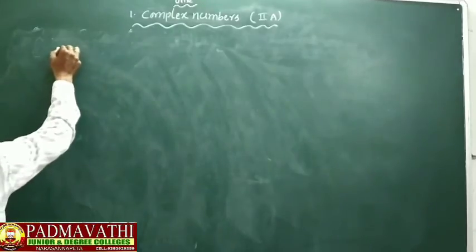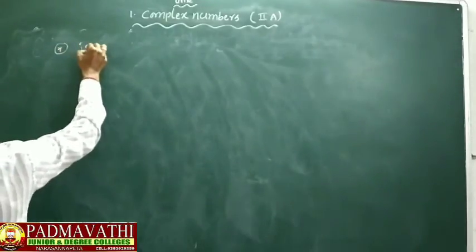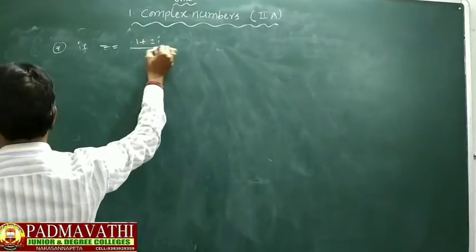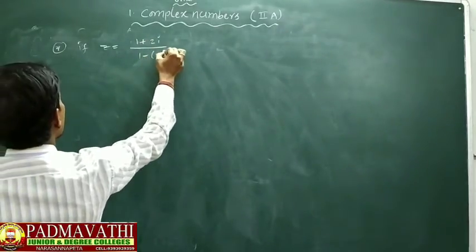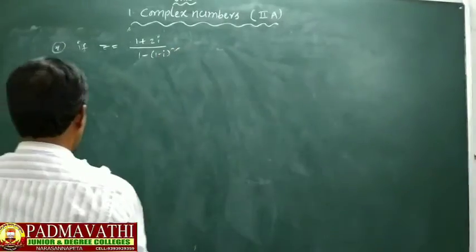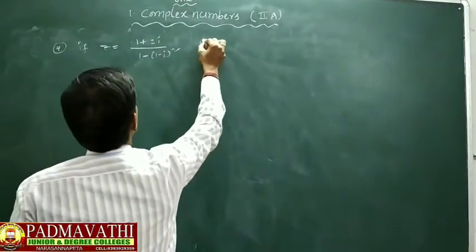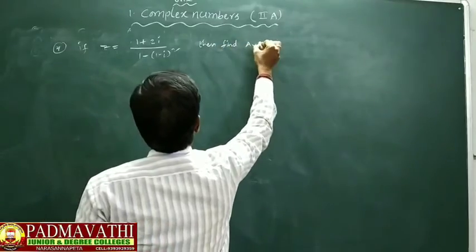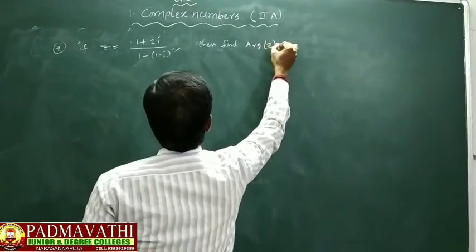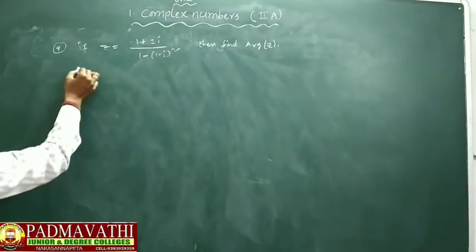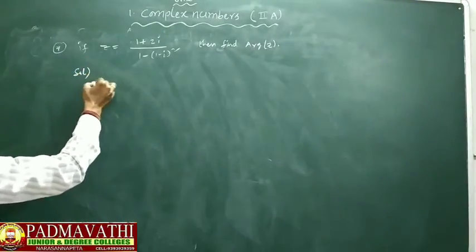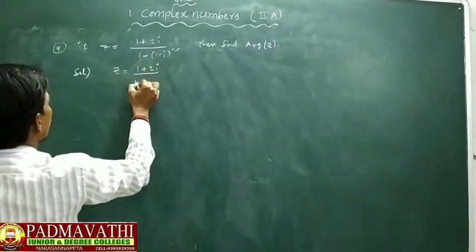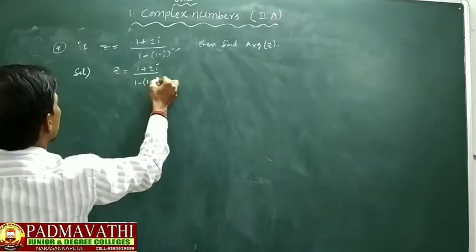If z = ((1 + 2i)/(1 − i))², then find arg z. Solution: z = ((1 + 2i)/(1 − i))².